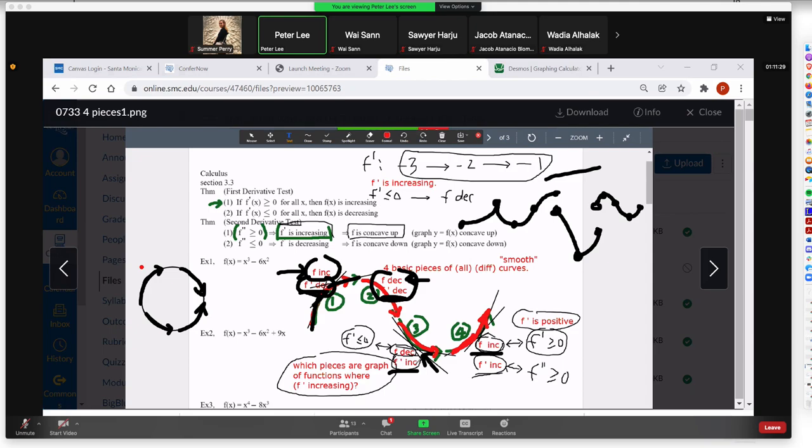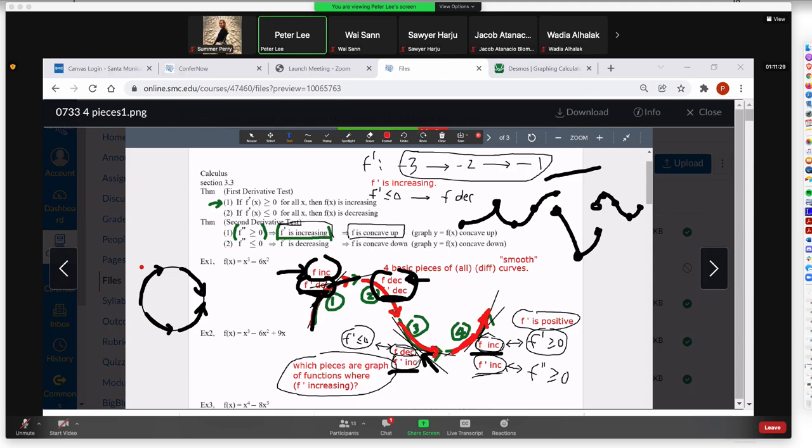To sketch the equations manually, we must find f prime and f double prime, put them in factored form, and analyze the sign. And then we'll be able to sketch the curve.